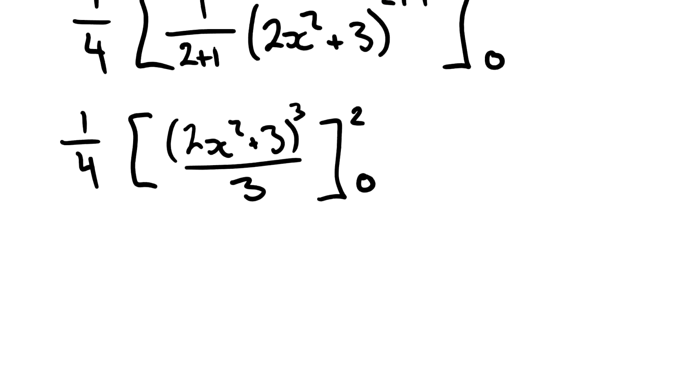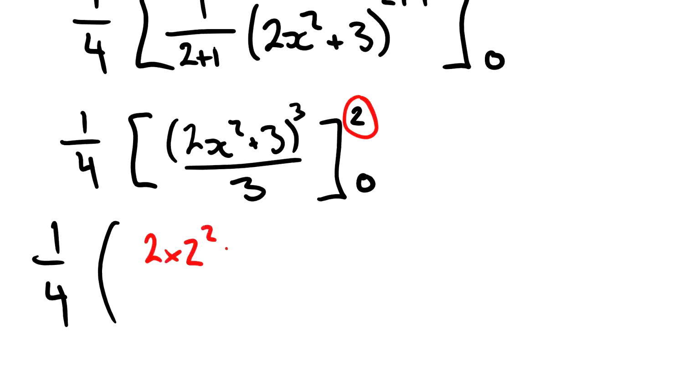Now we do the same thing that we did before. We need to keep the 1 over 4 out the front, and we focus on adding this 2. Replace all our x's with this first. So what we get is 2 times 2 squared plus 3 to the power of 3 over 3.